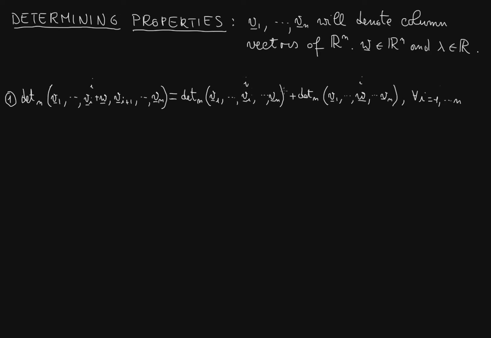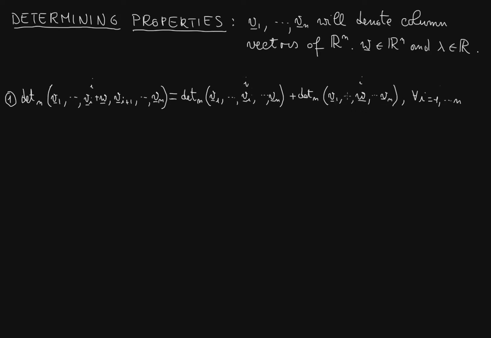Now the property states that the determinant of this n-tuple of vectors is going to be the sum of two determinants. The first one is of the n-tuple given by V1 through Vi and then through Vn. Basically, in the ith position, I no longer have two vectors, but just one vector corresponding to the first summand, Vi. The second determinant will be applied to the following n column vectors.